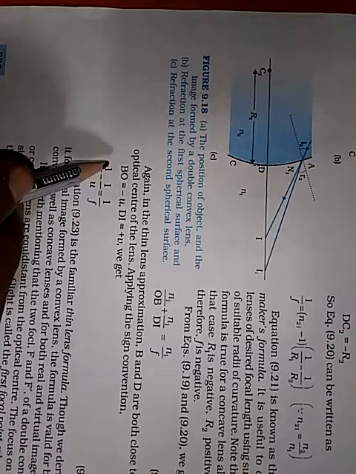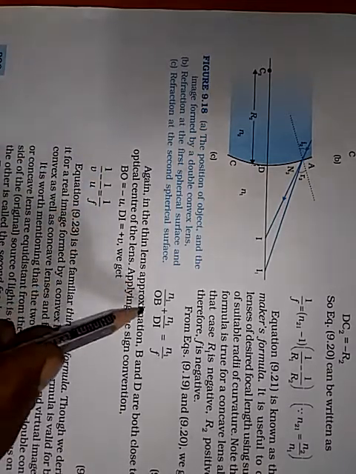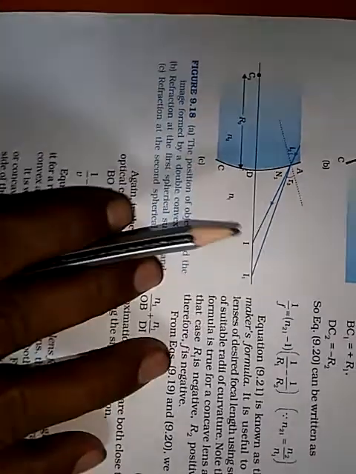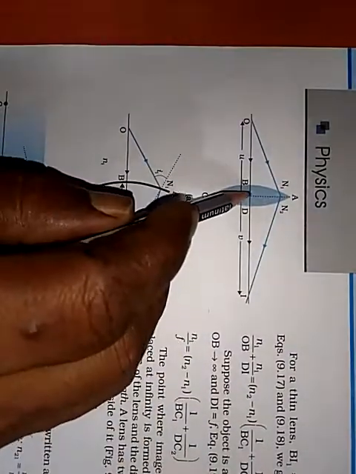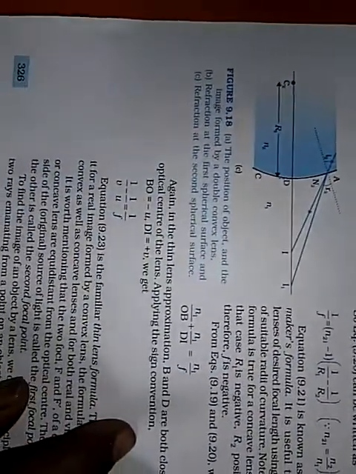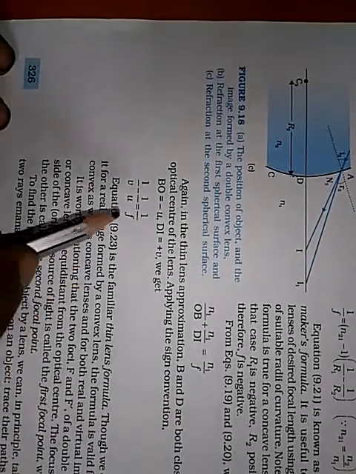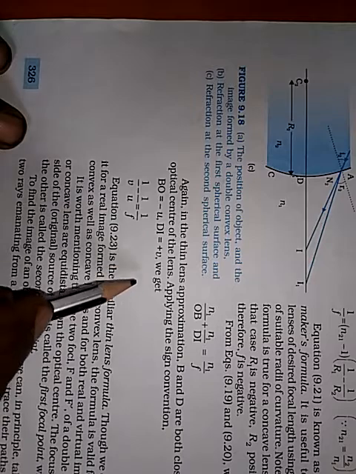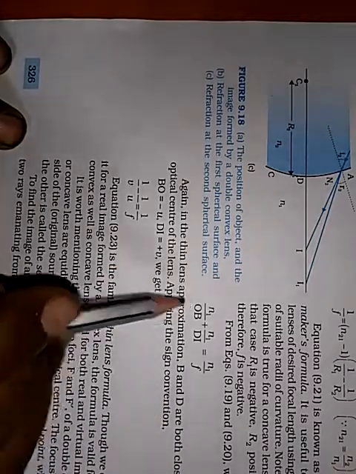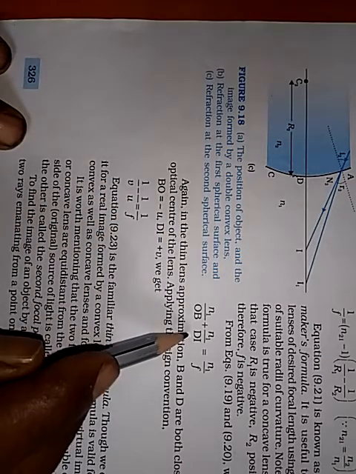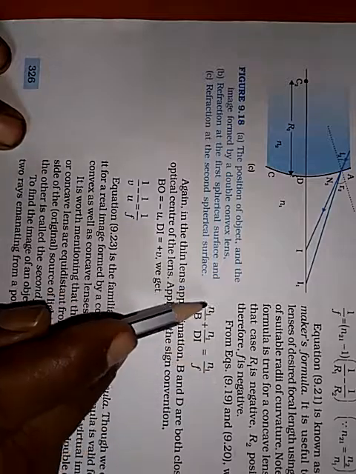You must note down the notation. OB is different from BO. BO means you measure from B to O, OB means from O to B. That's how the sign convention works. So BO is equal to minus U, DI is equal to plus V. If you substitute in this equation, 1 by V, and n1, n1, n1 all are the same so they get cancelled.